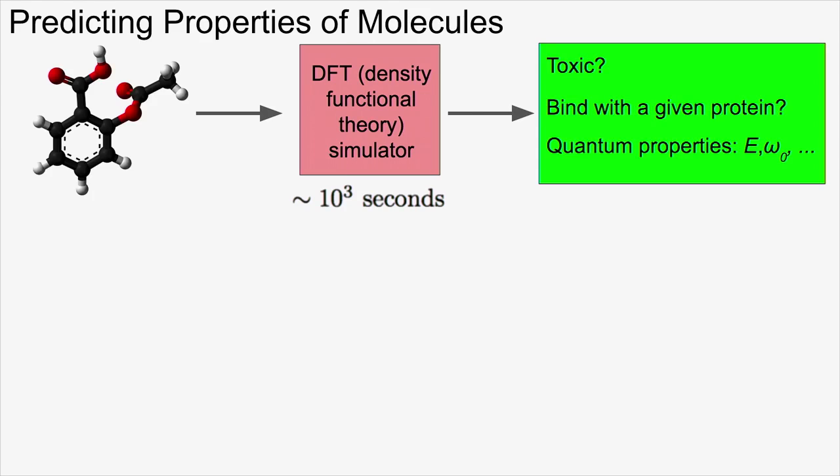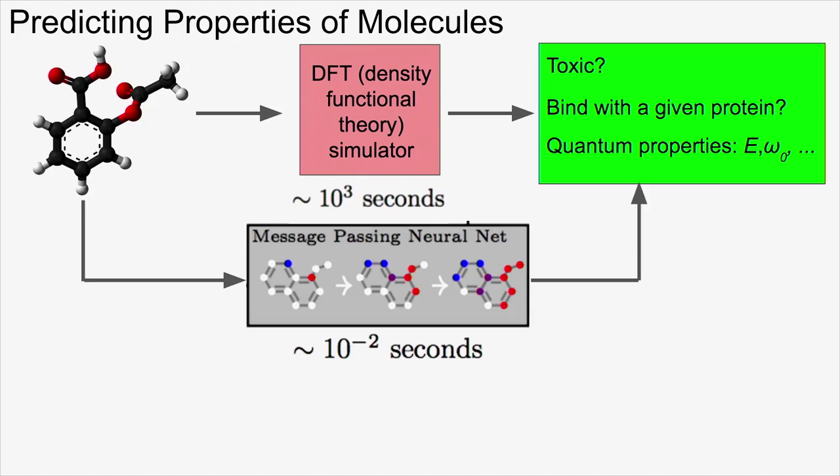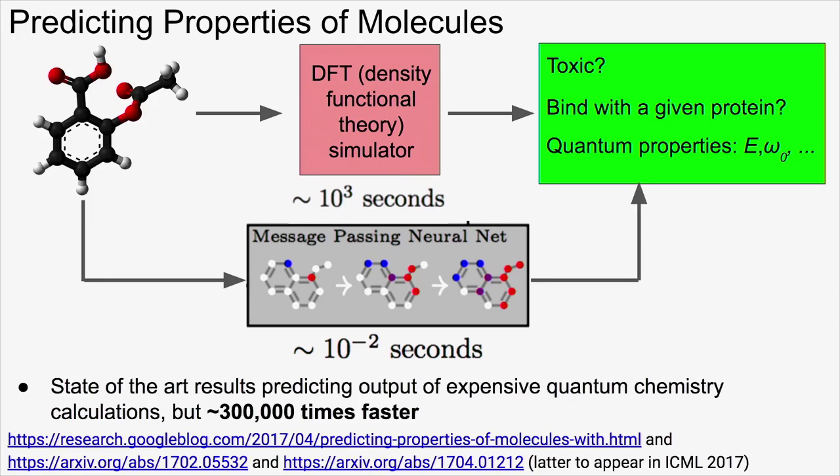So if you do this and you gather a bunch of training data of input and outputs from the actual simulator, you can then train a neural network to do this. And the actual outputs of the neural net are indistinguishable in accuracy from the original simulator, except that it's 300,000 times faster, right?